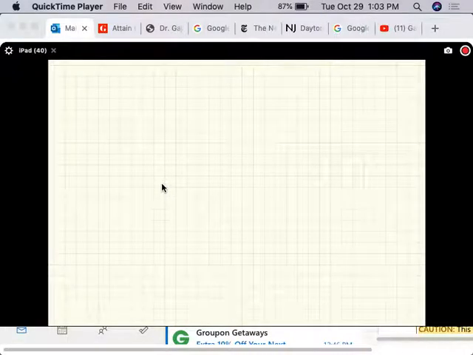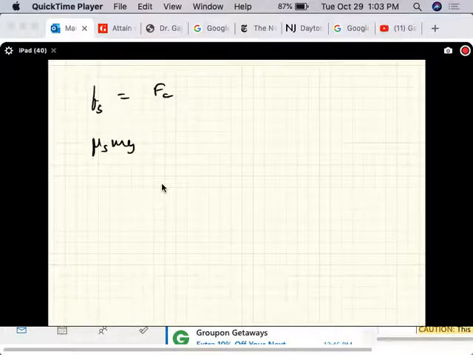Okay. So the centripetal force is okay. The static friction force is providing the centripetal force. Mu s mg equal to m v square by r, and we're going to express v in terms of omega.